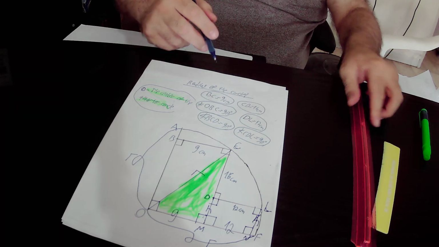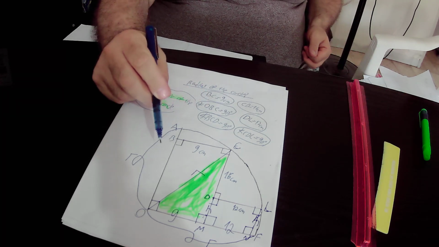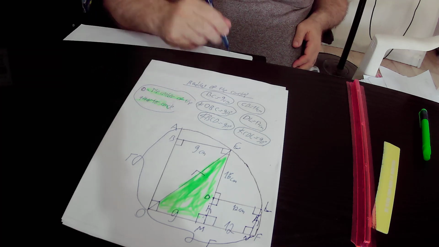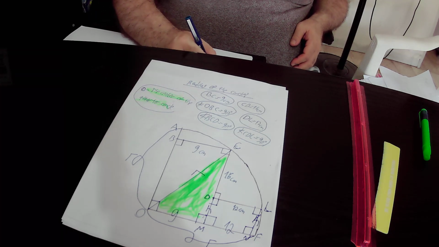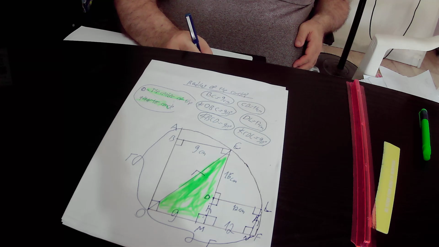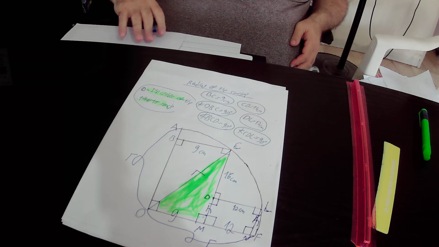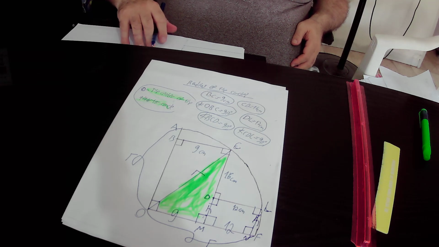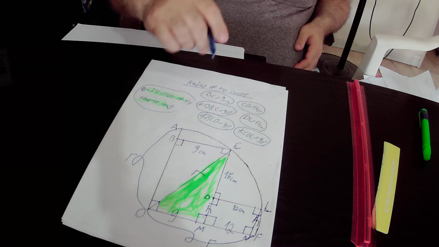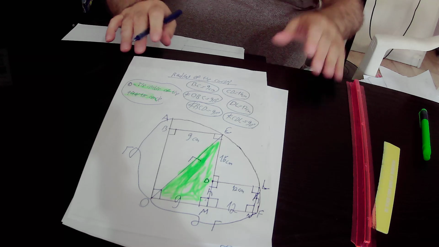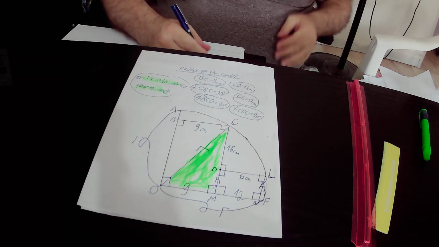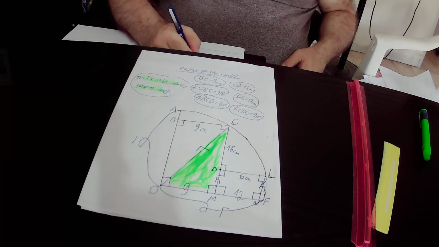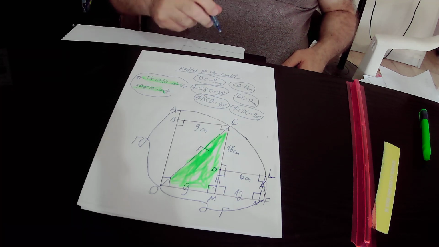The hypotenuse of the right triangle OCM is OC, therefore the square of the hypotenuse is OC squared. And it must be equal to the sum of the squares of the perpendiculars, that is, OM squared plus CM squared.